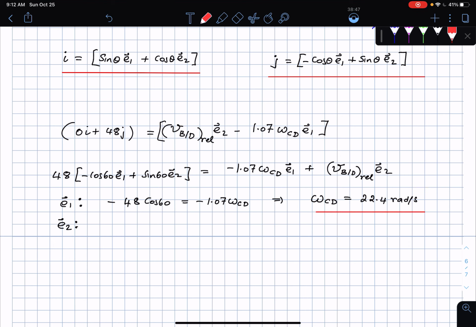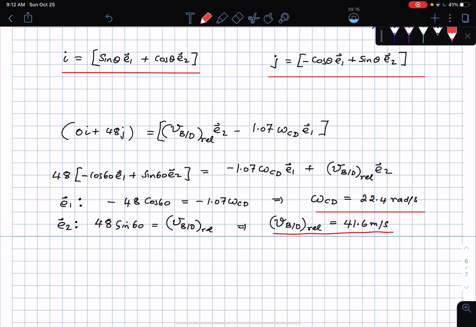So I found out one of them. Then I have the other term, the E2 term. You see, this has become so easy, right? 48 sine 60 is equal to VB/D relative, which implies that VB/D relative is 48 times sine 60, which is approximately 41.6 meters per second.